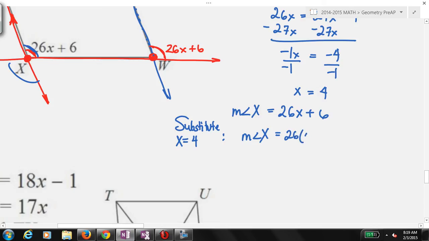So 26 times 4 plus 6, and what is this? 112? 110. Okay. So just be careful when you're solving for x.